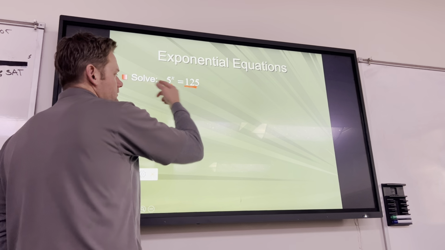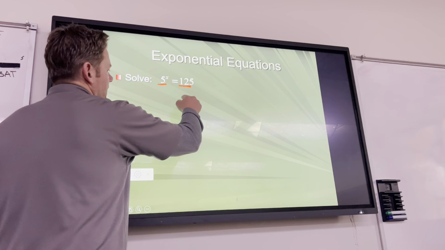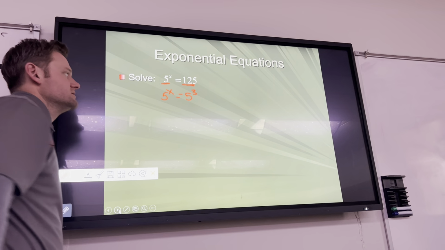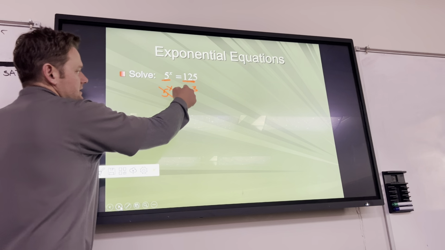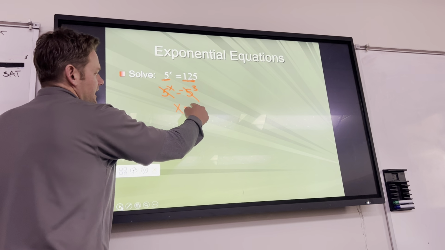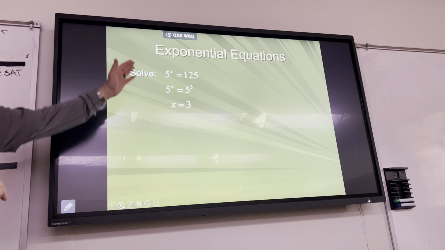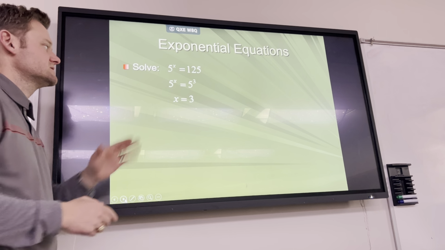So how can I write 125 in terms of 5 to a number? Well, I know I could write it as 5 cubed, because that's the same as 125. So since I can do that, I can now drop the base and I get x equals 3. All it is, if I can get the same bases, I can drop it.